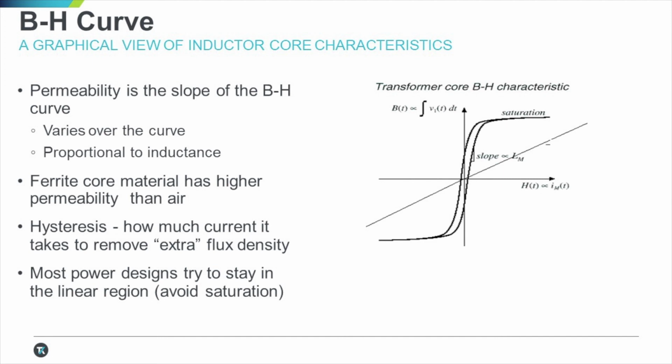Now, as you look at the chart and the curve on the right-hand side of this slide, some things to highlight. Again, the BH curve, or the hysteresis characteristics, you'll notice that the width of the curve indicates loss or power inefficiency in the power supply. So the wider the BH curve, the less efficient the device is, in that you'll need more current to remove flux density.